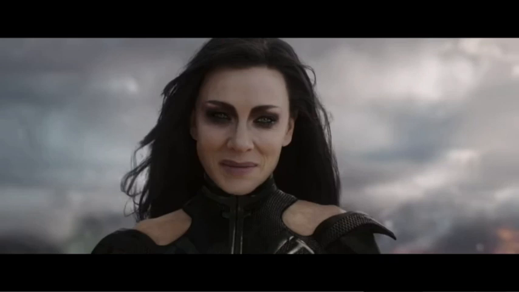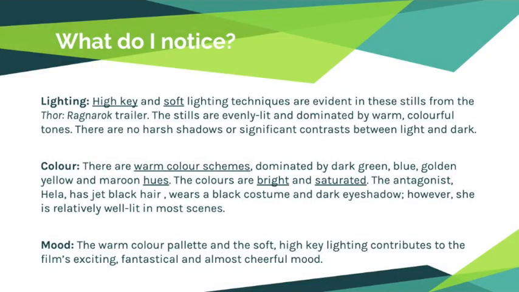But even still, notice that there are not many distinctive shadows. Even though she's dressed and clad in all black, she's still relatively well lit. So, when we're analysing the lighting and the colour, I think this points to a couple of things.